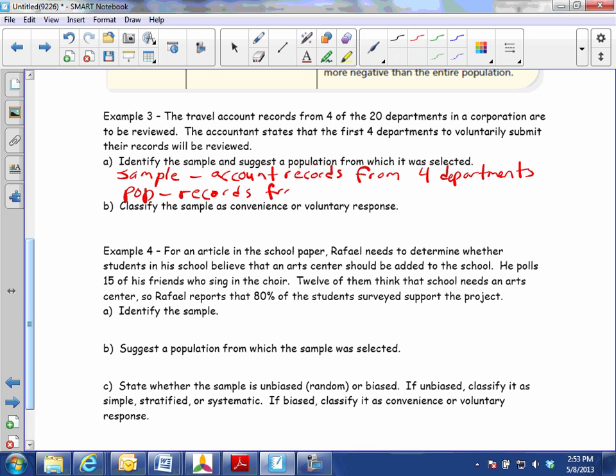Can we just put S and P? So population is records from all the departments. Then we're supposed to classify it as convenience or voluntary response. It'd be voluntary, because they give us that word right here: the first to voluntarily submit.